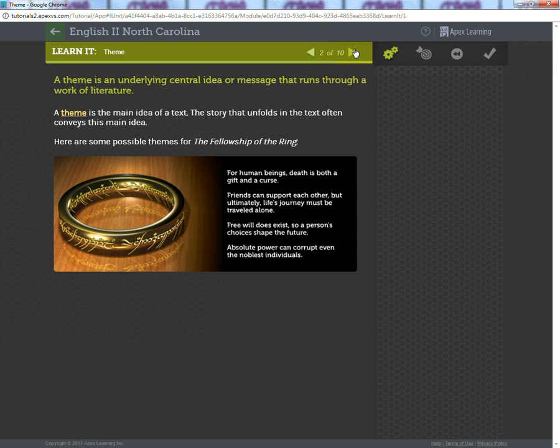Another topic the Fellowship of the Ring talks about is free will. The author's message to the reader is that free will does exist, so a person's choices shape the future. And then absolute power can corrupt even the noblest individuals. So greed or power would be another topic, and the author's message for that is absolute power can corrupt even the noblest individuals.